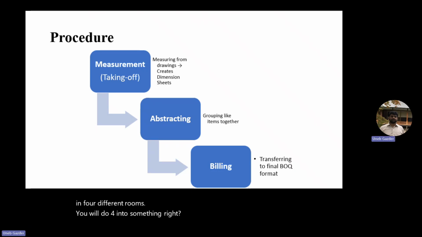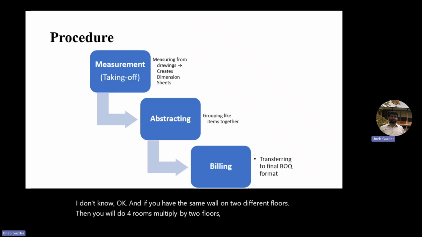And if you have the same wall on 2 different floors, then you will do 4 rooms multiplied by 2 floors, right? So why are we doing this? Why are we not just putting all the things together and giving the final number? Why do you need to show me 4 multiplied by 2 multiplied by this and so on?